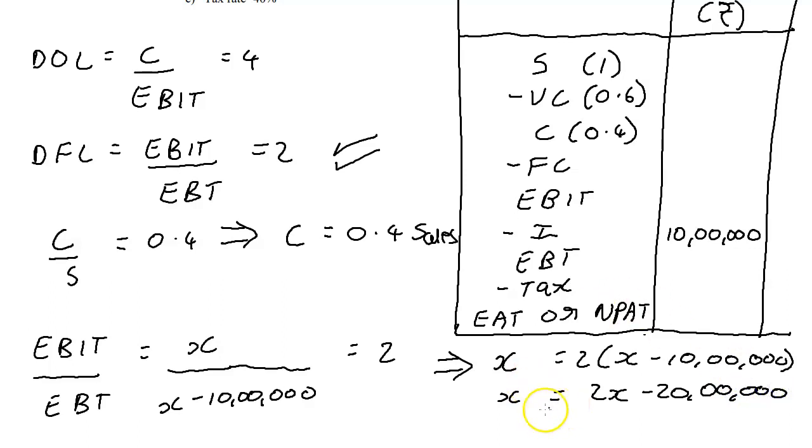And now I take this X this side and I take the minus 20 there, and doing that, I'm going to end up with 20 lakhs is equal to X. So X, or our EBIT, is 20 lakhs. 20 lakhs minus 10 lakhs will give you 10 lakhs.